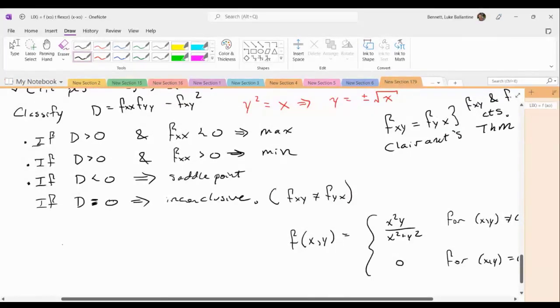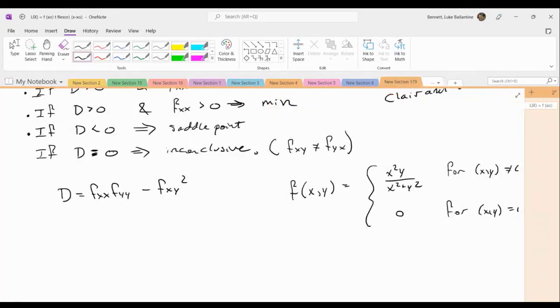As to where this D comes from, D equals fxx fyy minus fxy squared. Instead of making an appeal to algebra, I will make an appeal to geometry. The geometry of these curves, what fxx, fyy, fxy actually mean.